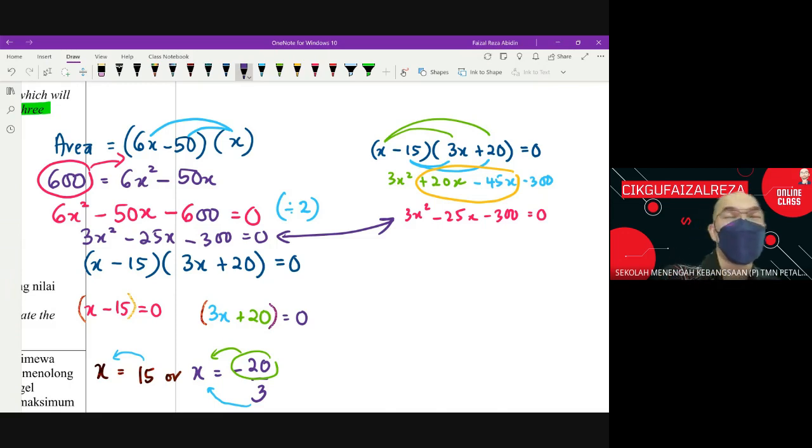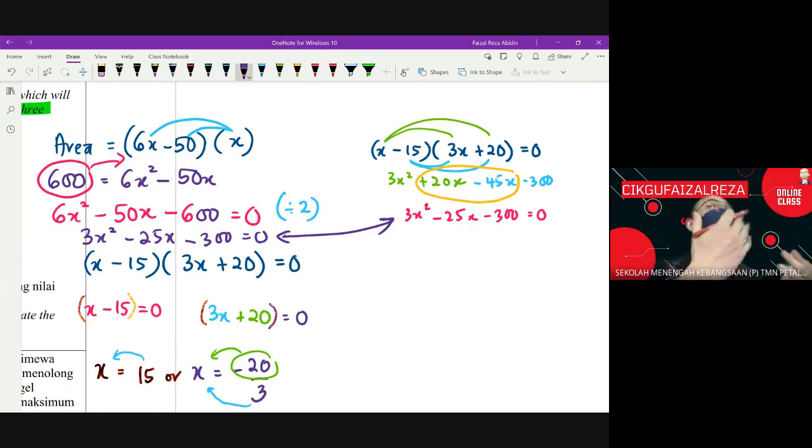Supposedly this one, you are not allowed to straight away find the answer. I teach you how to get the answer first. From the answer, you are going to get the calculation. If I just leave you, class, 6x squared minus 50x minus 600, try to factorize. Can you do it?